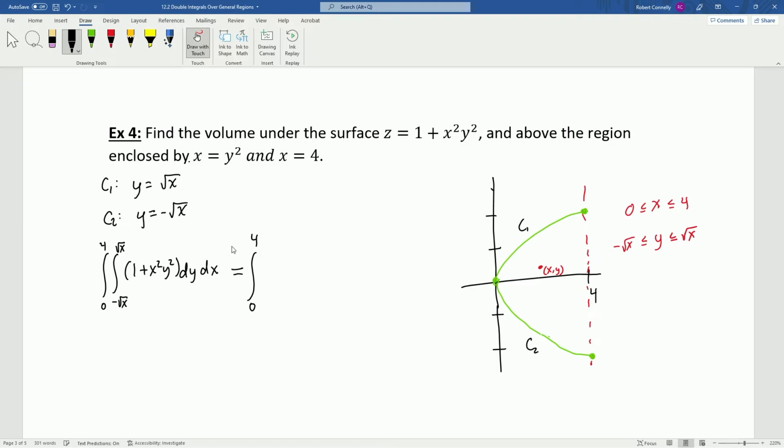Okay, so if we integrate with respect to y first, we get y plus x squared y cubed over 3, evaluated from the negative root x to positive root x. And then we'll integrate that with respect to x.